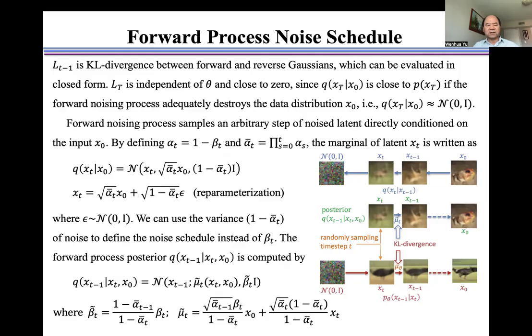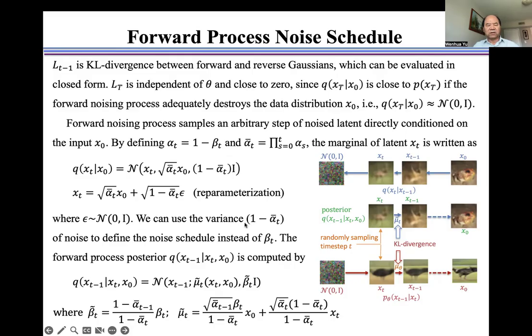The forward noising process samples an arbitrary step of noise latent directly, conditioned on the input X0, by defining alpha t and alpha t bar. The marginal latent Xt is written as here, where epsilon is a normal distribution.